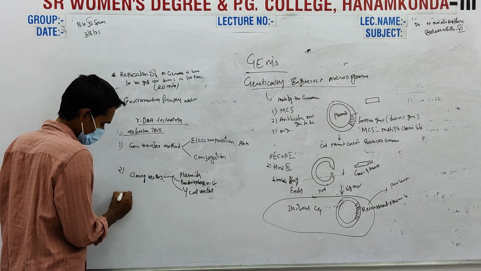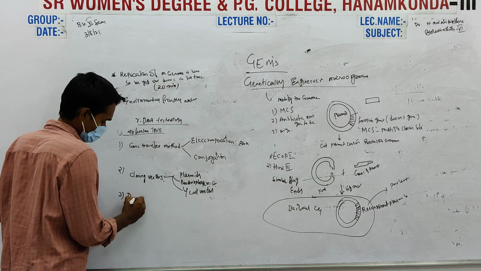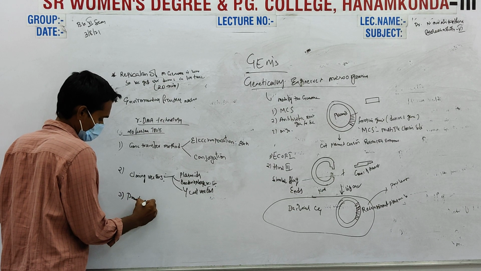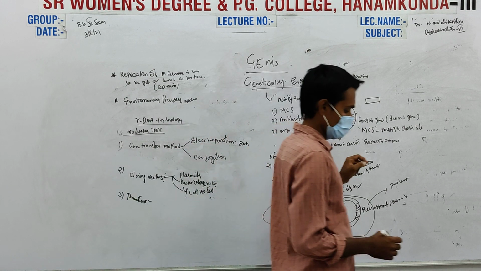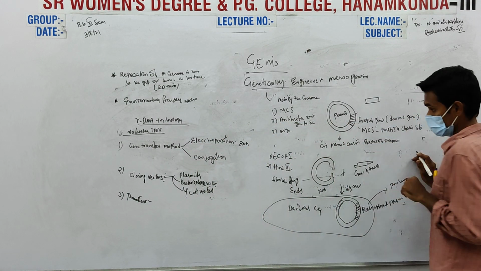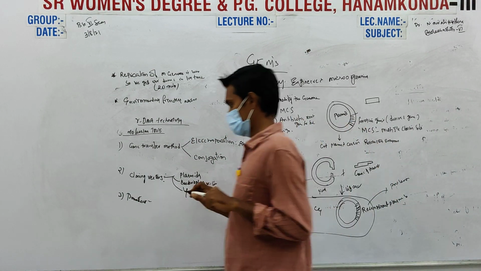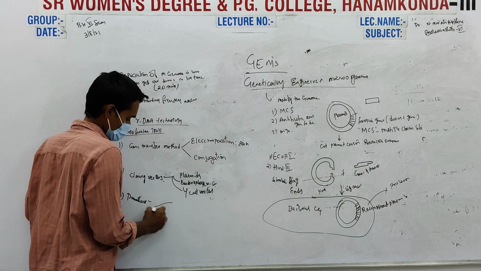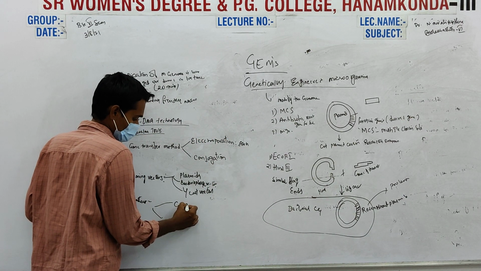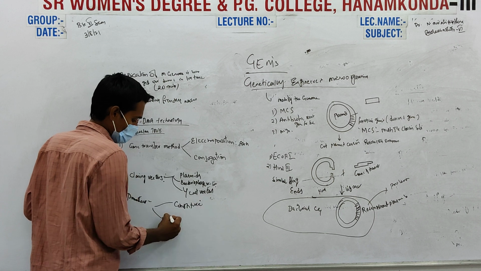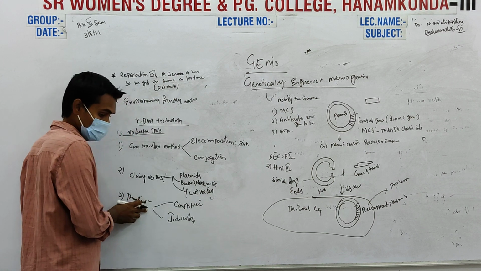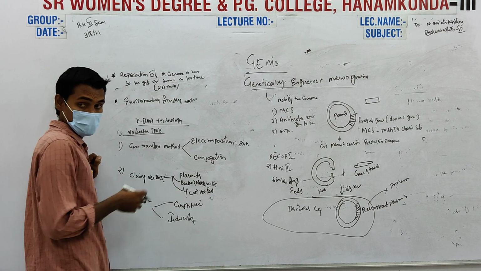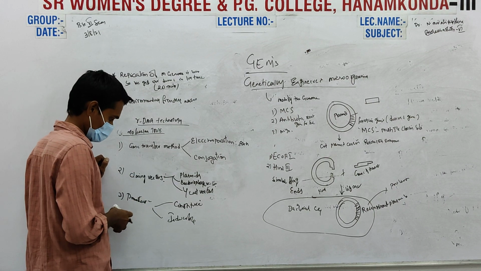The third one is promoters. The gene of interest should be tagged with certain promoters. There are two types of promoters, constitutive promoters and inducible promoters. These promoters help in the expression of the gene of interest.